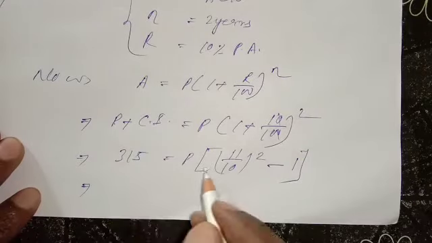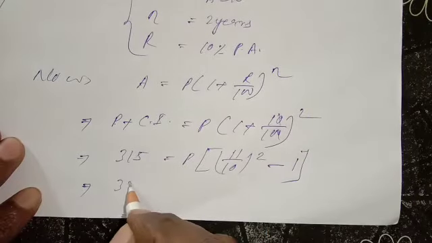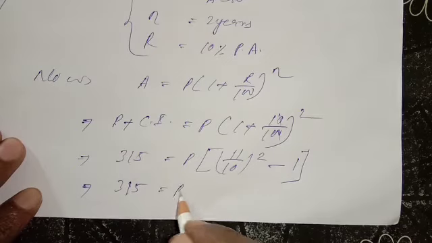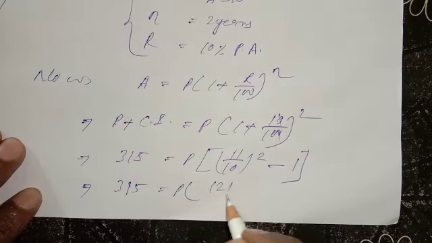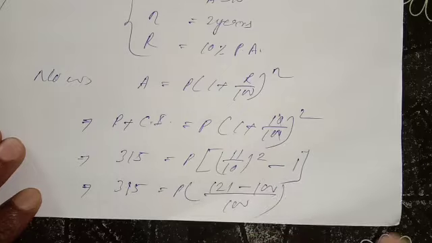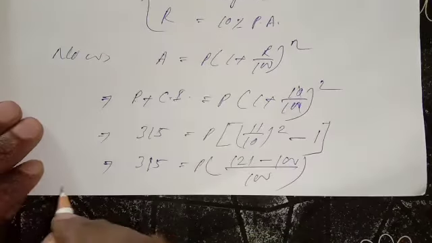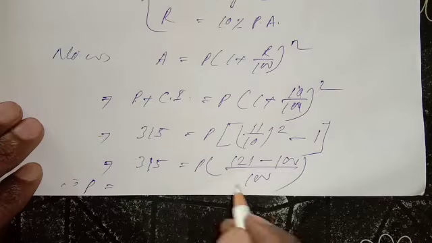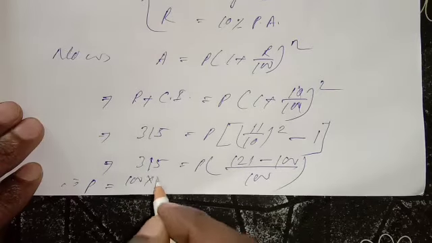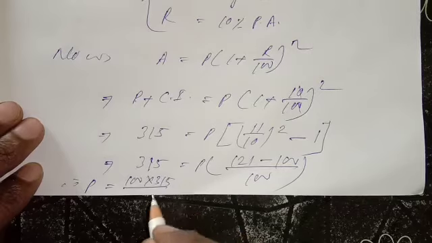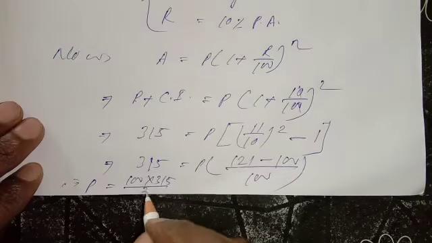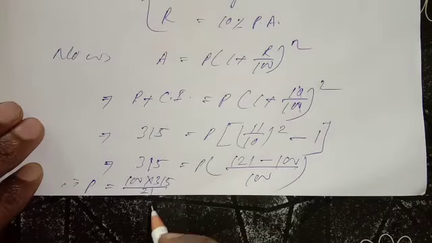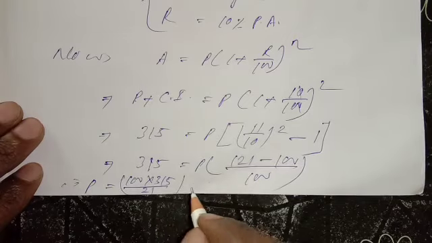Then you have to find out P. Then this will be 315 is equal to P times (121 minus 100) by 100. Therefore P will be how much? Principal will be, this is 21, that means 100 into 315 by 21. The calculation part you have to do, then you will get the sum.